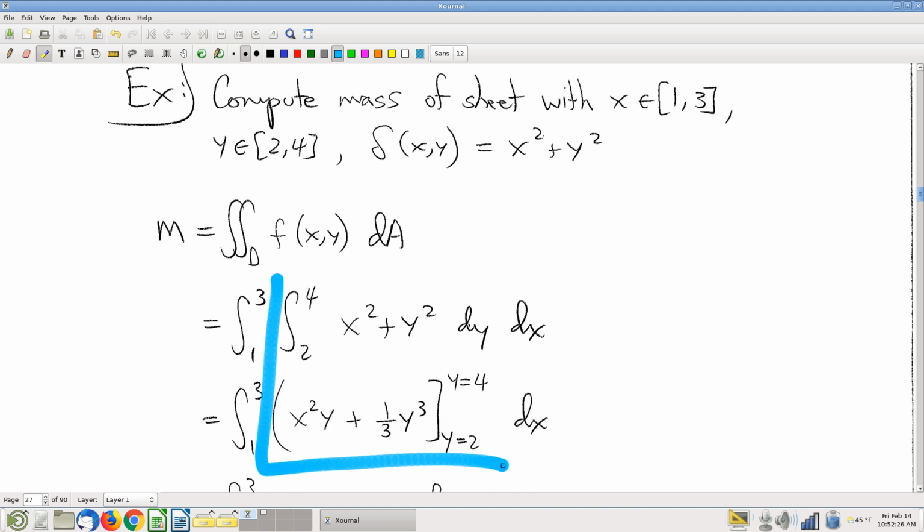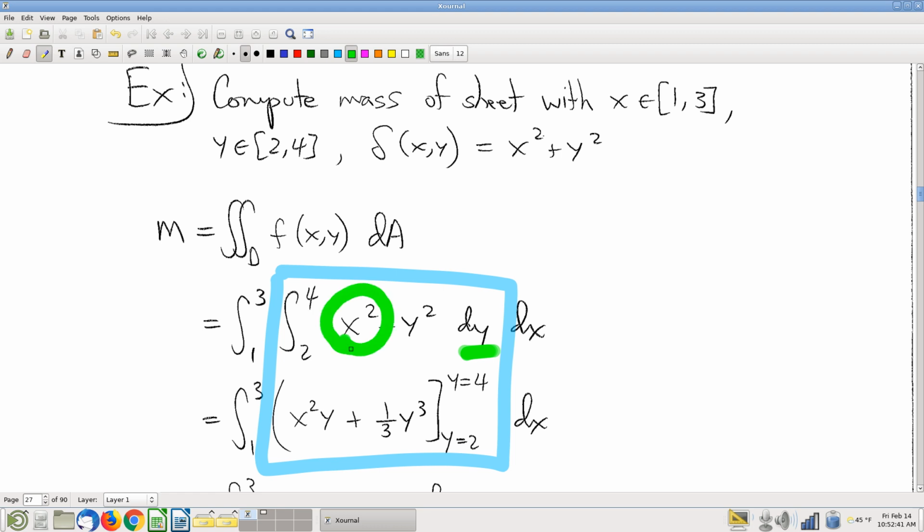This inside integral, I can compute, ignoring all the x business on the outside. I've got a function of y here. Do be careful about one point. Y is our variable. When you are taking the antiderivative of x squared, you're going to have this reflexive urge to write the integral of x squared as 1/3 x cubed.